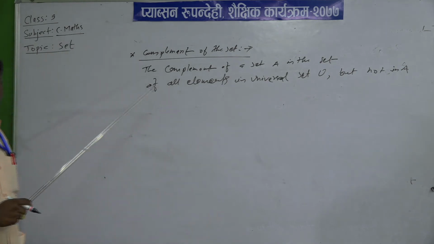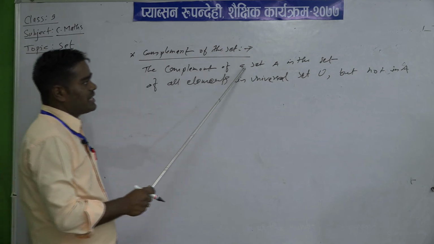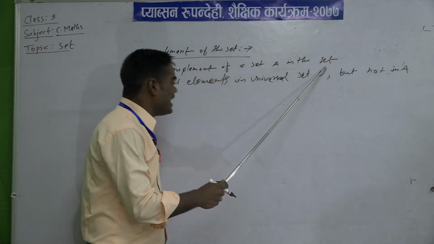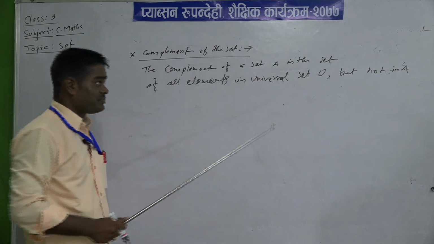So, the complement of a set A is the set of all elements in the universal set.